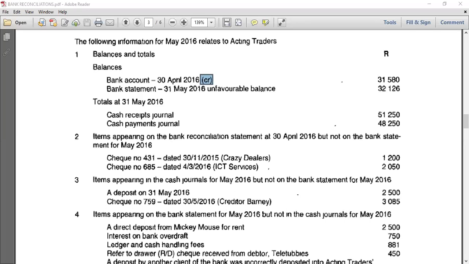Then we prepare bank reconciliation statements.